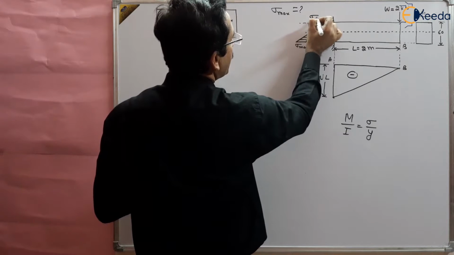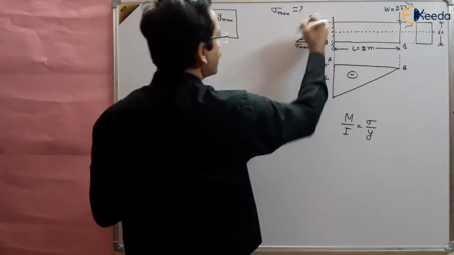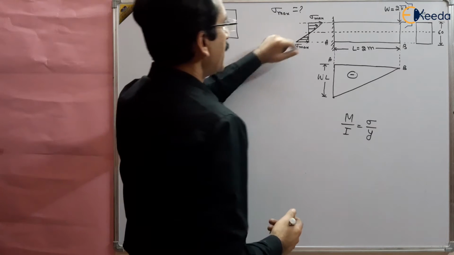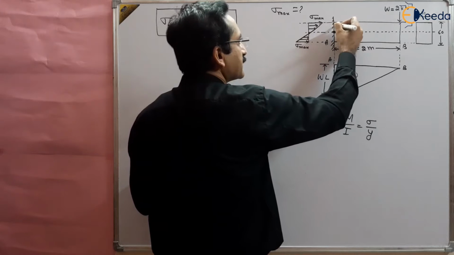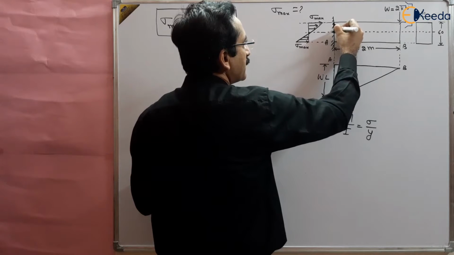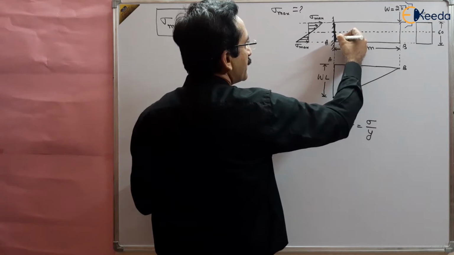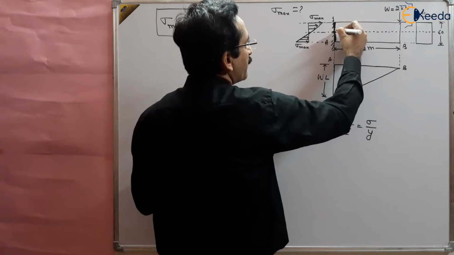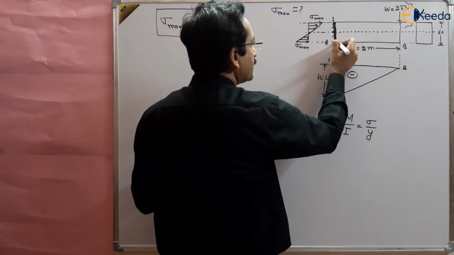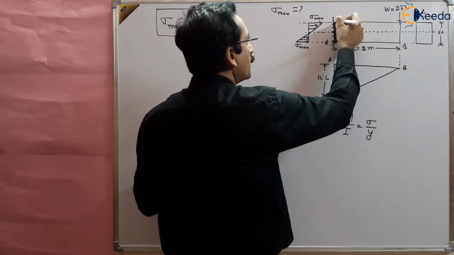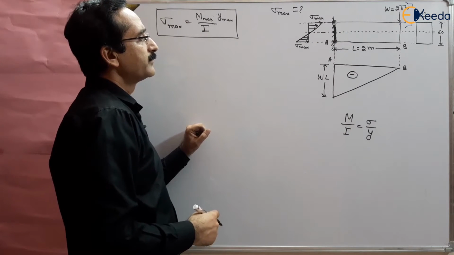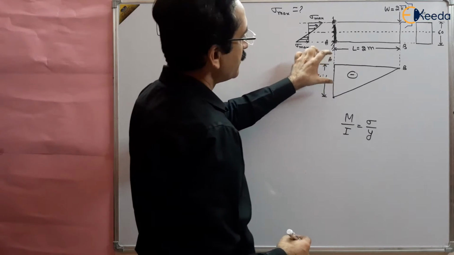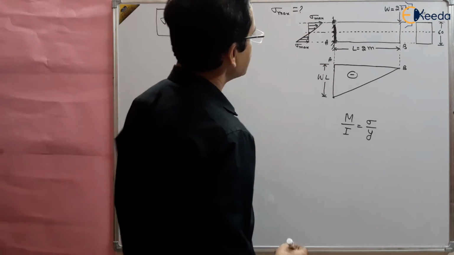On one side it will be compressive, on another side it will be tensile, but it will be maximum at this section. And at the outer fiber, either at this point or at this point, this will be maximum, because the bending moment is maximum and again y max.